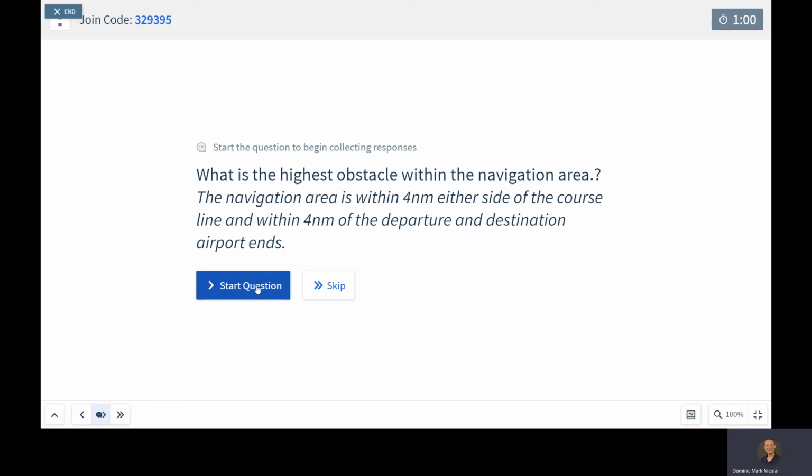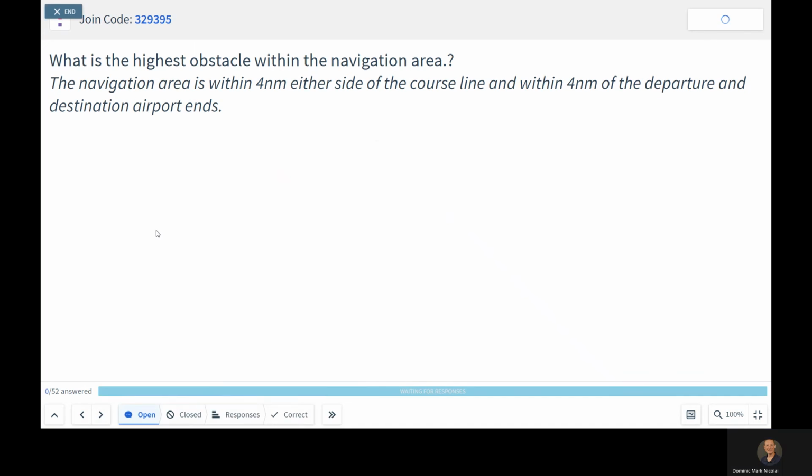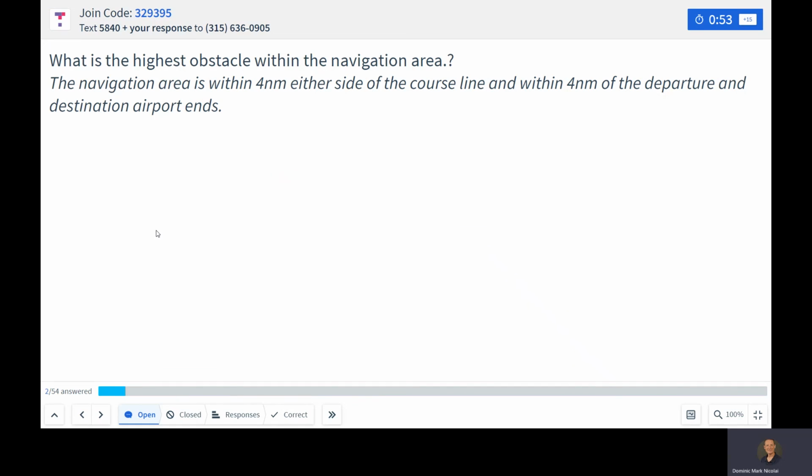Highest obstacle within the navigation area. What is the highest obstacle within that navigation area? That's 4 miles either side of the center line and 4 miles either side of the ends. So we're not determining cruising altitude yet. We're looking for highest obstacle right now.